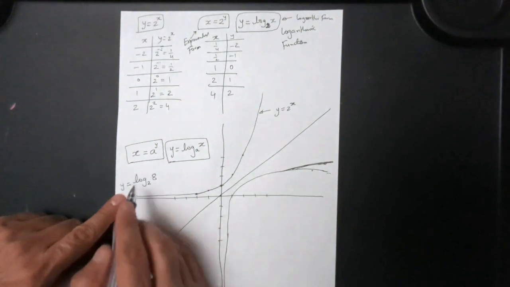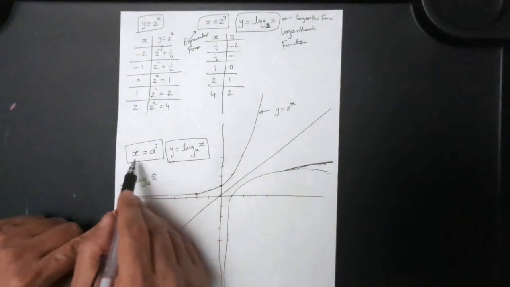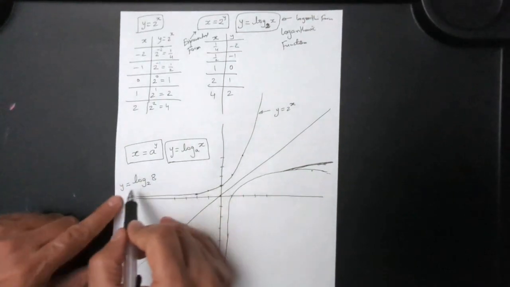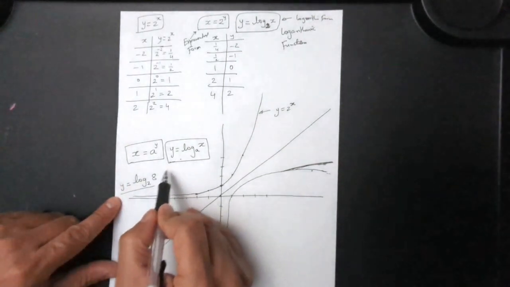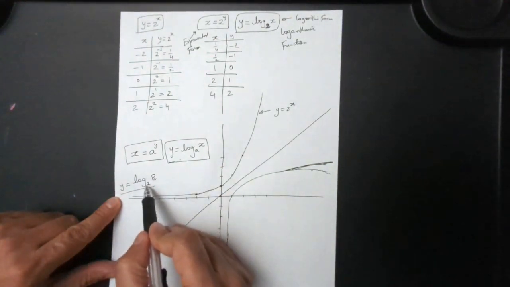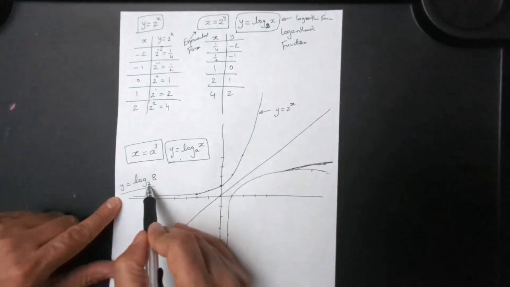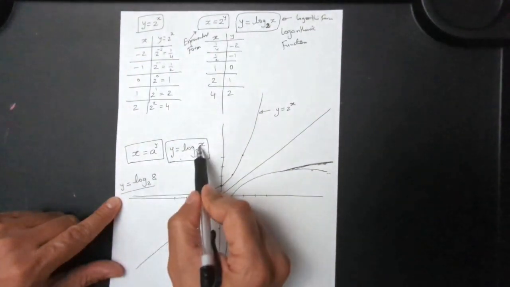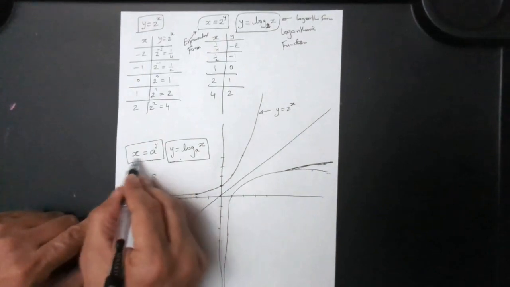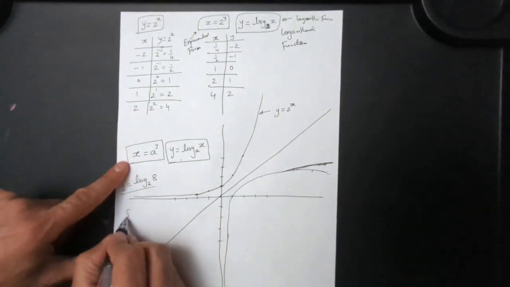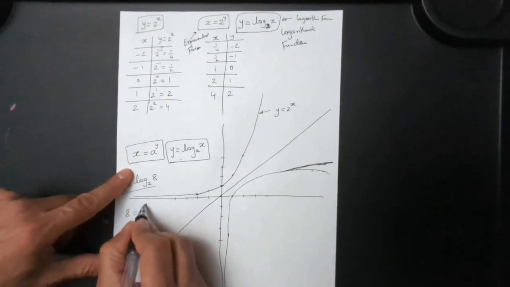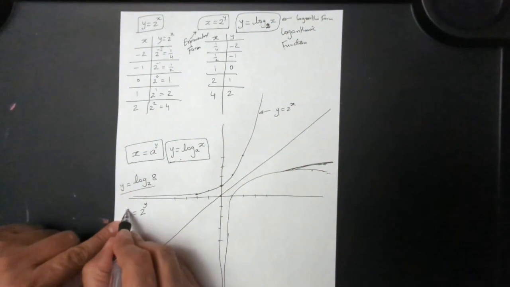What is x here? X is 8 here, right? We are given this form, y equals log of x base 2. So a is really 2 and x is 8. So what will this form look like? X is 8, a is 2, and we do not know y, right?